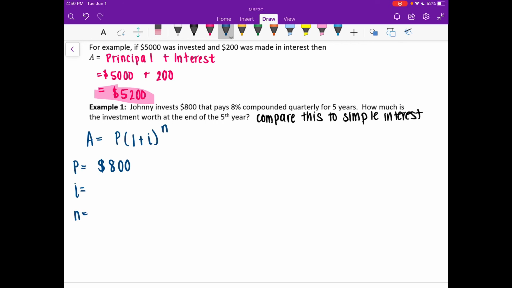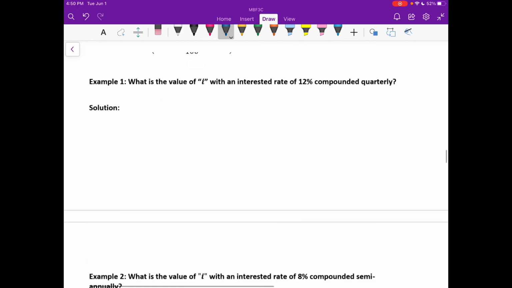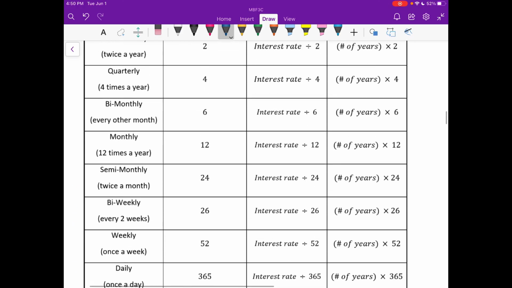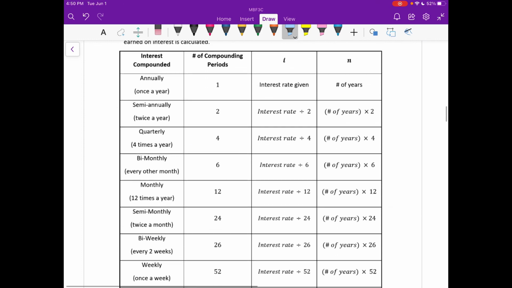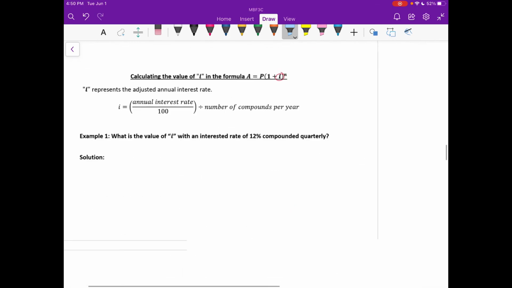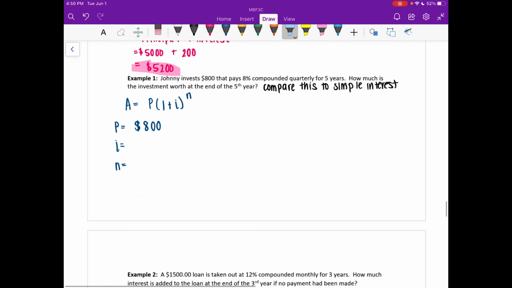Let's go back up to our original little chart that we have here. If we have something that's compounded quarterly, I is going to be divided by 4, and N is going to be the number of years times 4.